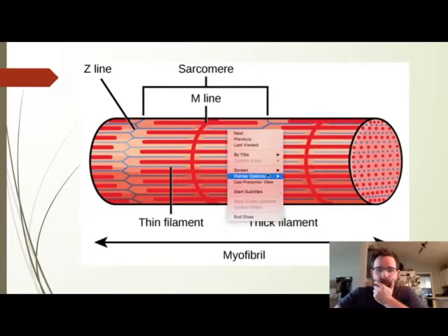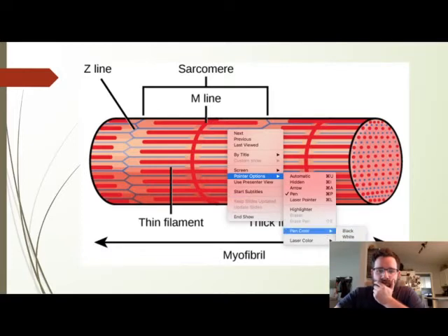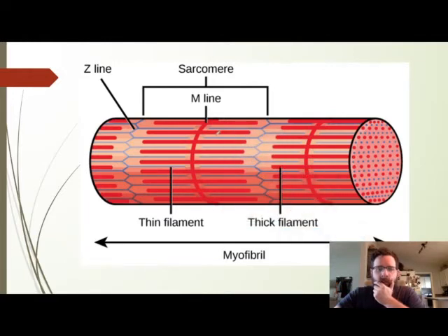Let me get a different color. Can I not select a different color? Here we go. What would be good here? White. So the myosin has those special parts called the myosin heads, which actually do the grabbing and the pulling.